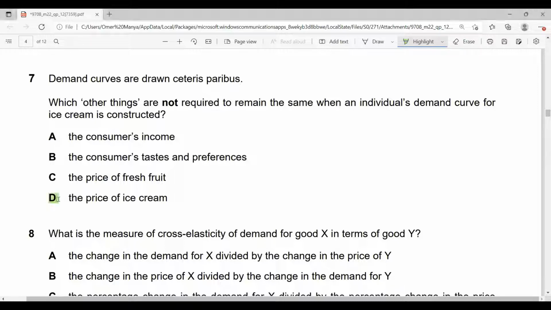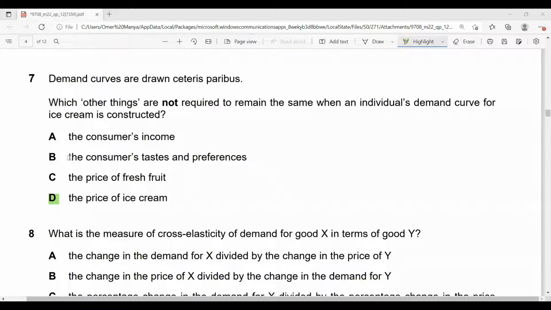The answer is D, the price of ice cream, because that is the relationship that is being observed. We are observing the amount that quantity demanded will fall when the price of ice cream increases. So the price will not be kept constant. Otherwise, there's no relationship to study.